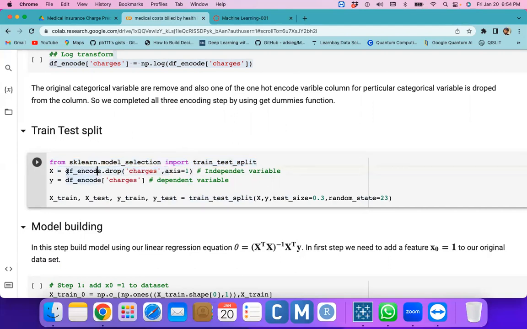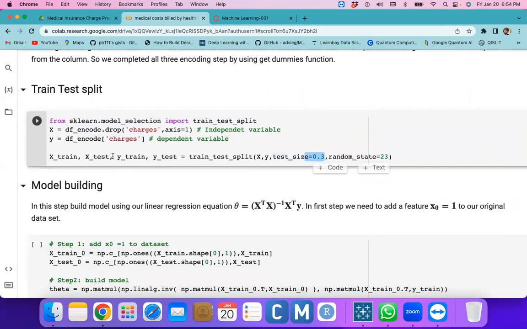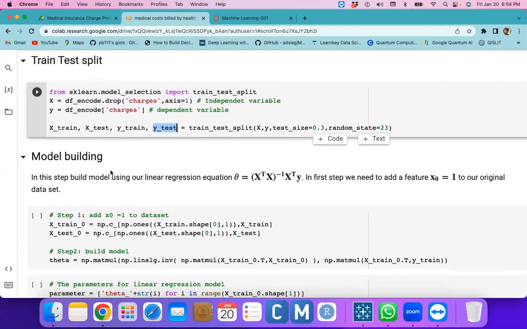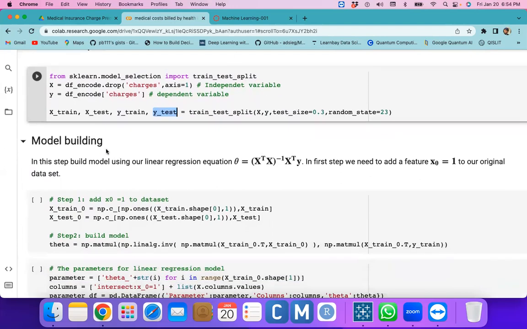Except charges, everything I consider as x, and only charges is y. We provide x and y, with 70% as train and 30% as test. The test size here I mentioned as 0.3, which means 30% is the test data. So your x_test and y_test are randomly selected from the data set, and then you build the model.